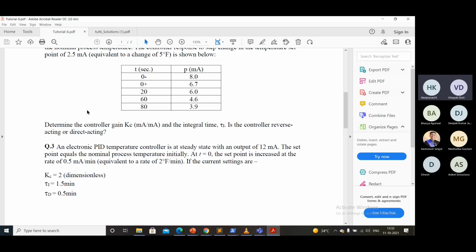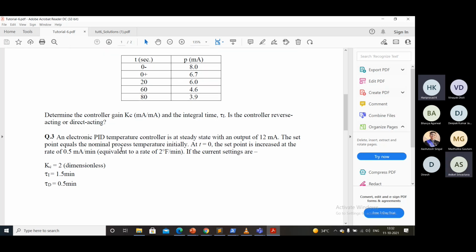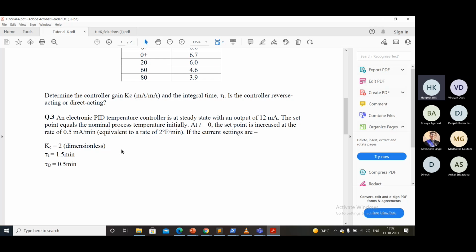So generally, if the gain is negative, it tends to act direct, because direct acting has a connection with the original process variable. If the process variable keeps on increasing, and you keep on increasing the control gain, you won't be able to control it, because both of them will go in the same direction.